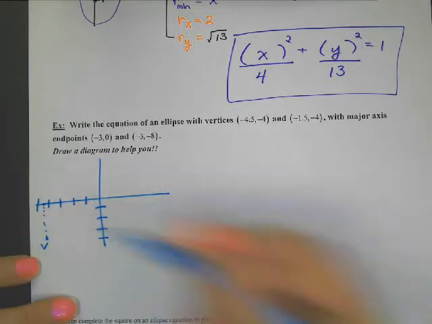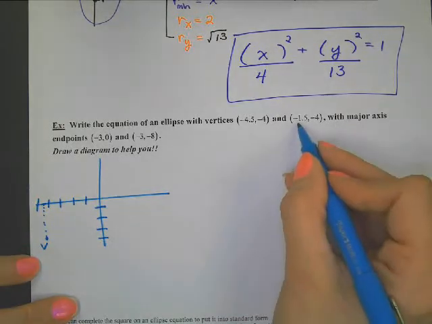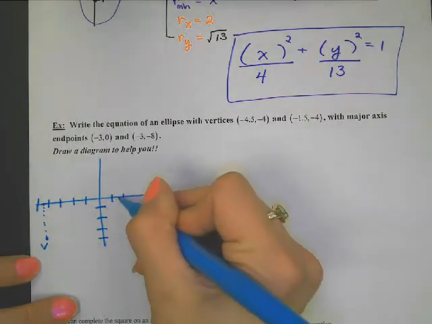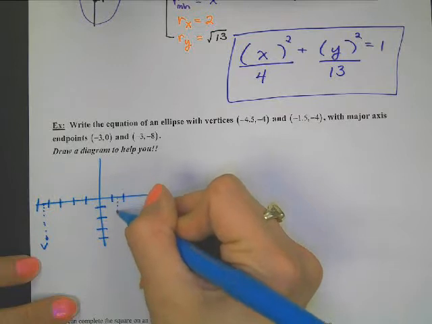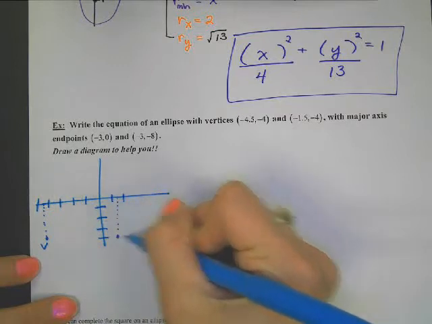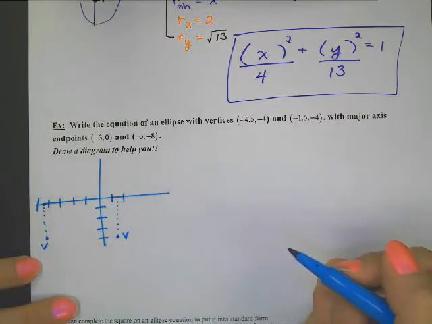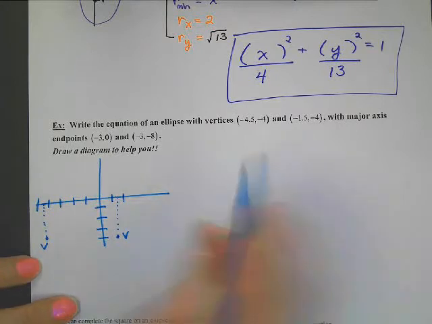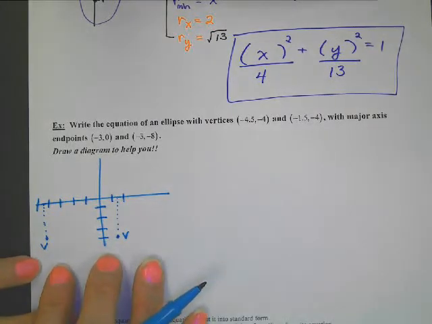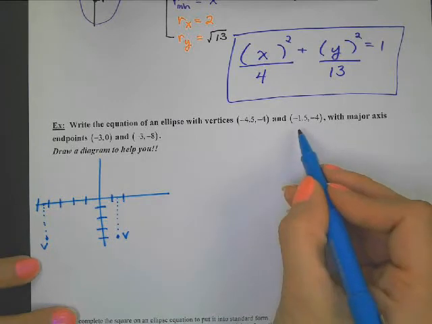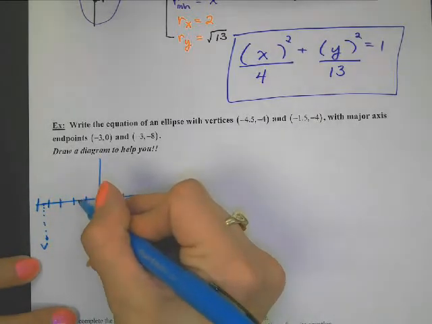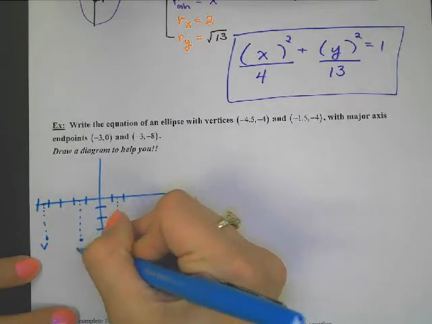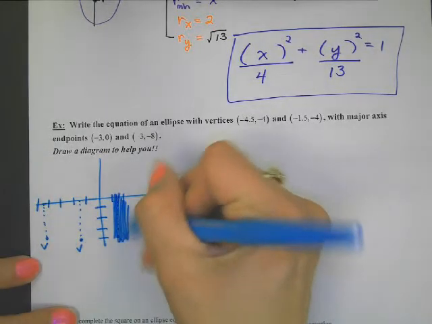That is 1 V for vertex. 1.5, negative 4. V for vertex. Okay. Well, looking at this, oh, hang on, negative 1.5. Negative 1.5 is here. Sorry, V for vertex, ignore this.